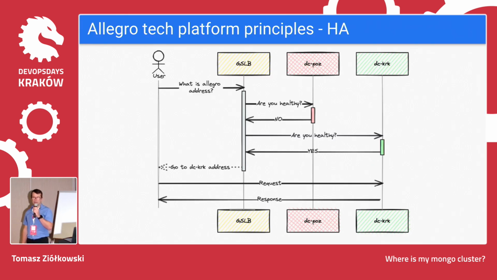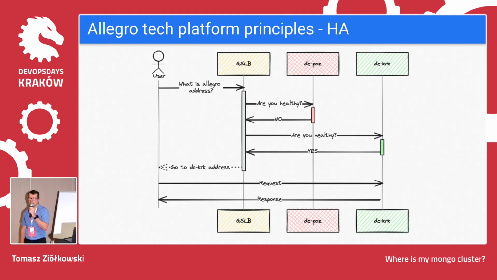The second principle is high availability. It means that on each level we have a redundancy of components, when it comes to physical devices, microservice instances, and whole data centers. And what we see here is a global server load balancer.